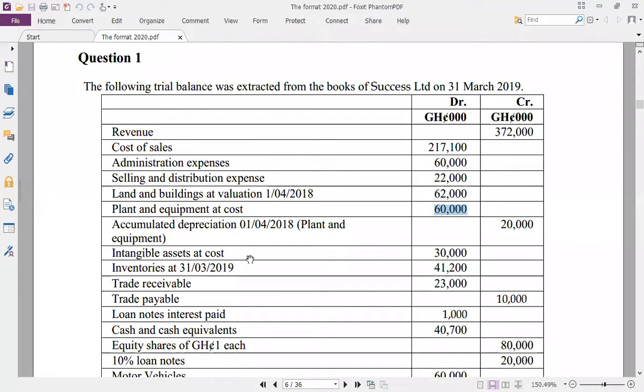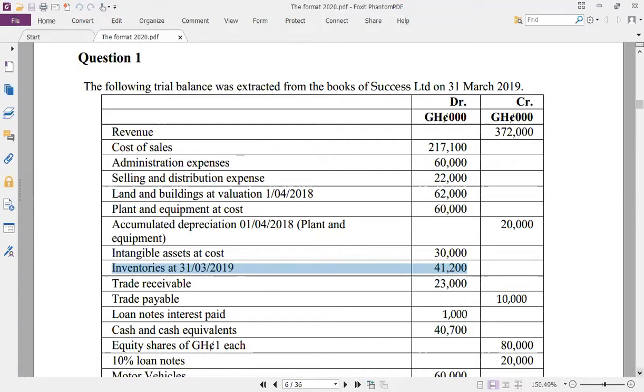Now, intangible assets at cost. Where will it go? Intangible assets, to come directly beneath what? The non-current assets, right? Great. Non-current assets. Okay. Then inventory. Where will it go? Inventory, current assets. Good. So then the next one, trade receivable.